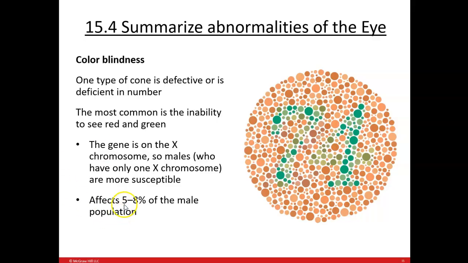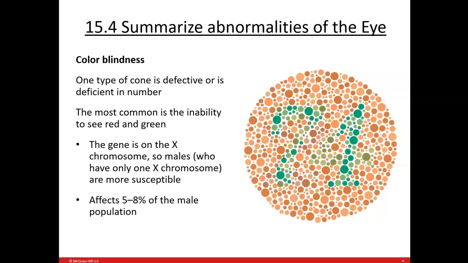Here it says it affects about 5 to 8% of the male population. And over the years, when we do vision in a live class, we always test if we're colorblind. And it's been frequent that I've had male students that are colorblind. It's not an uncommon thing. But I don't remember if I ever had a female colorblind student. I don't think I did.